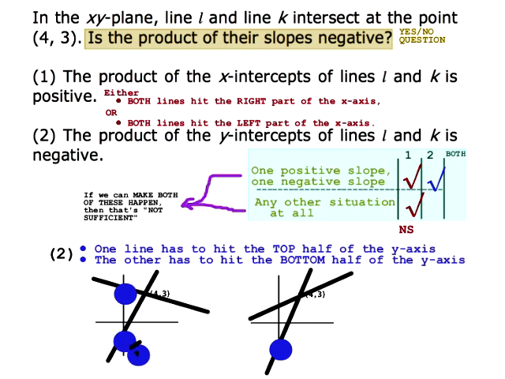Just do it like that. So that works there. So that checks the bottom box, and that's not sufficient. So now we've got to combine the two statements. Any questions so far?